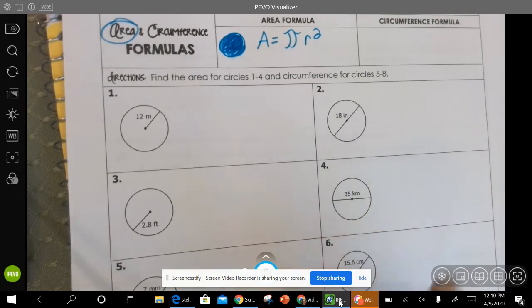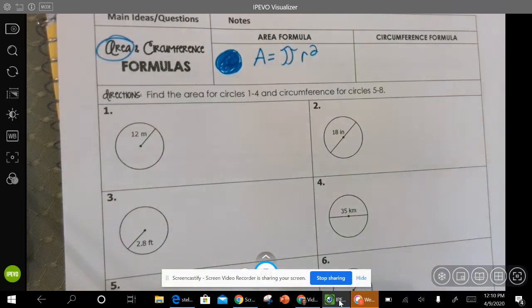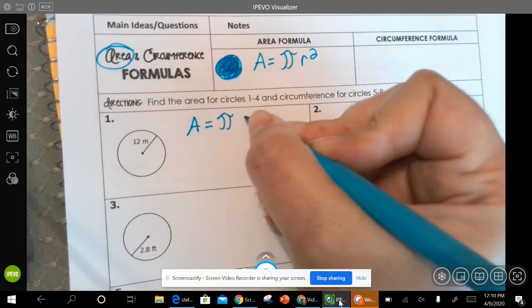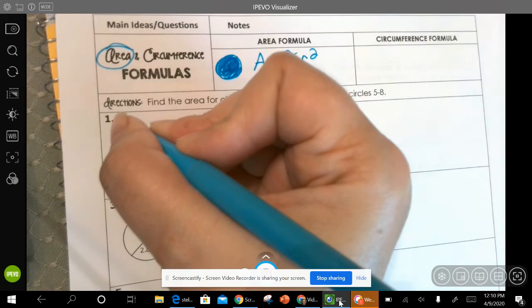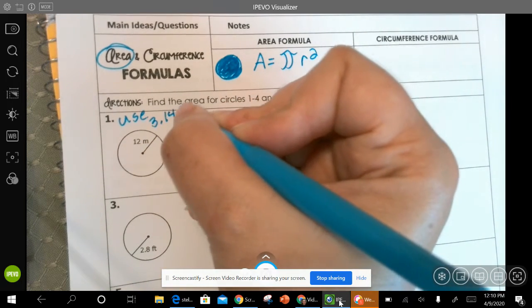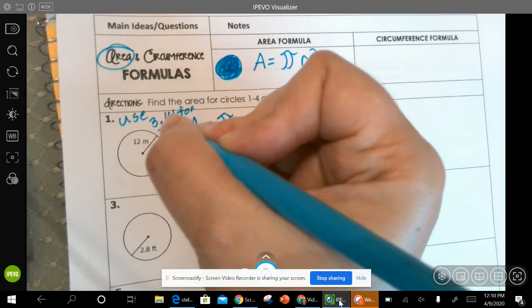It says find the area. I'm going to use the formula. Area is equal to pi. Remember, we're using 3.14 for pi for all of these.